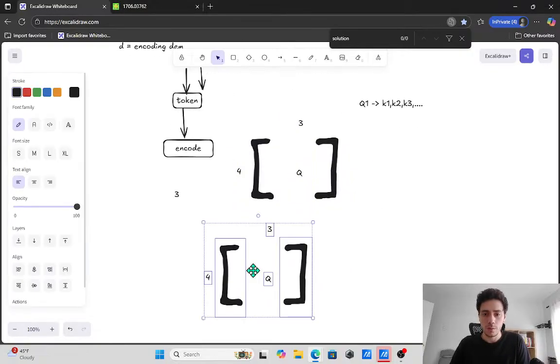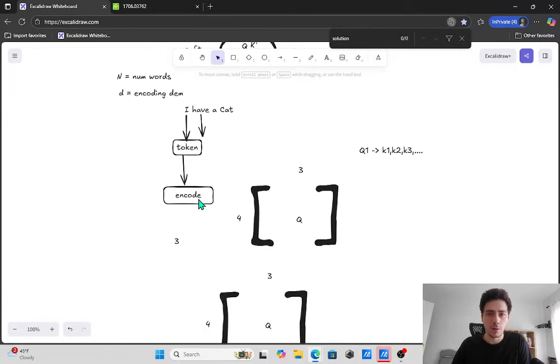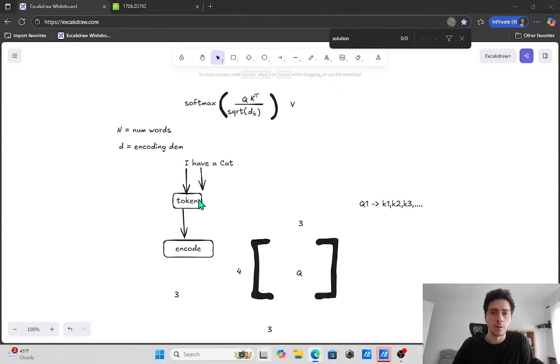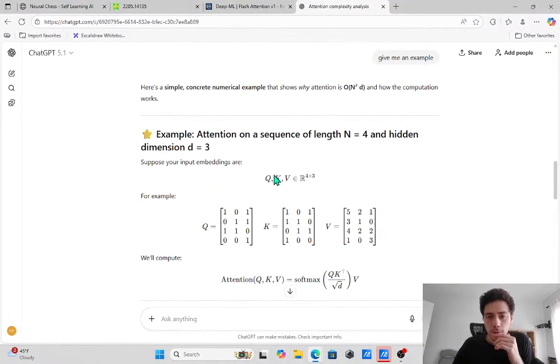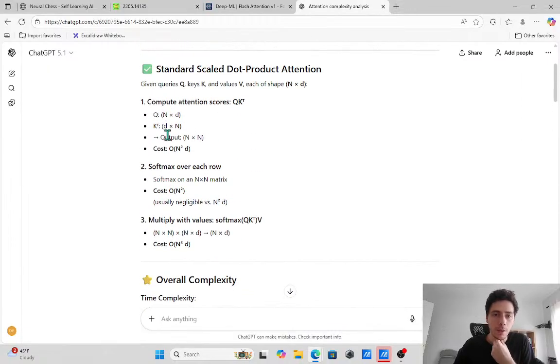So that's Q. Then we have K, I'm pretty sure. And K transpose, okay, yeah, it's the same thing, it's just reversed.